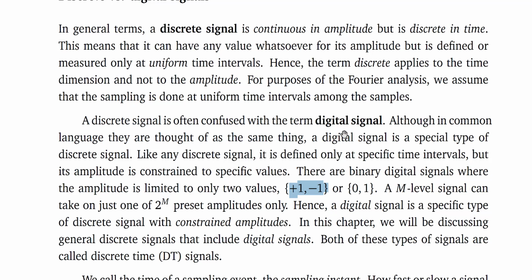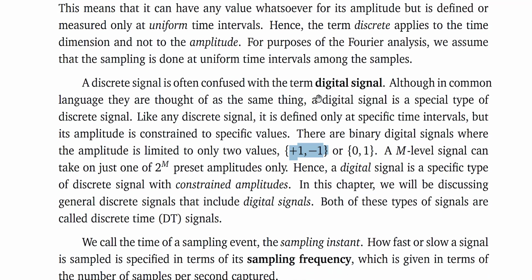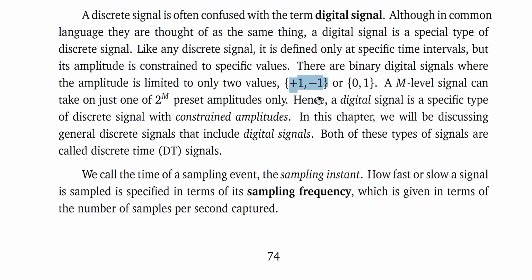So that would be a binary digital signal. And there are many other M-level signals. For example, a 16 QAM signal would have levels at ±1 and ±3. So that would be a 4-level signal. So when we constrain the amplitudes, we get a digital signal. Otherwise, the general term is a discrete signal.